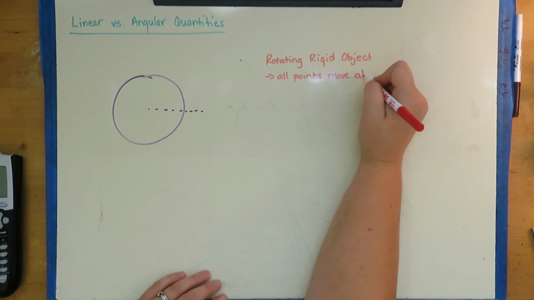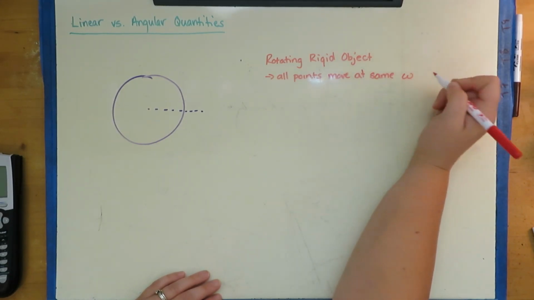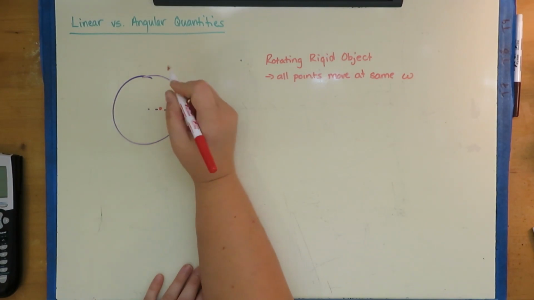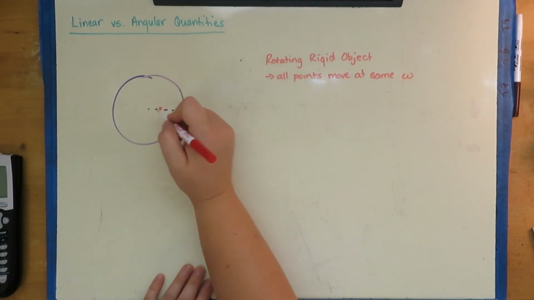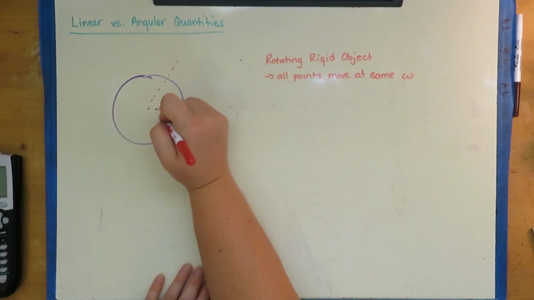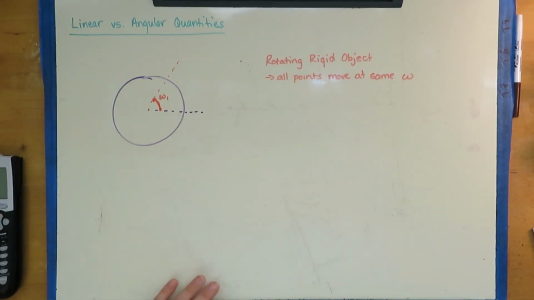And when I say move together, I mean move at the same angular speed. So they have the same angular velocity, no matter where on the object it is. So I could pick a point here, and let's say that this reference line rotates to this position right here. This point is going to move through some position at some omega.